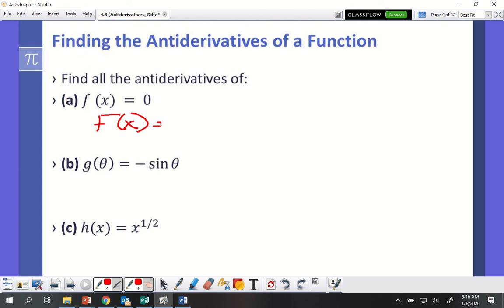Negative 1 x, and then divide by x? No, wait. It's probably just 0. It'd be 1 over c? No.